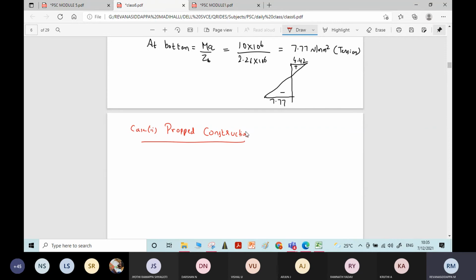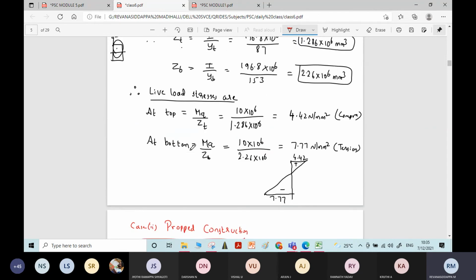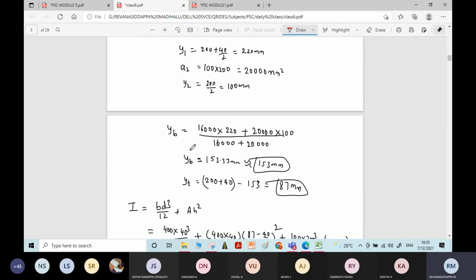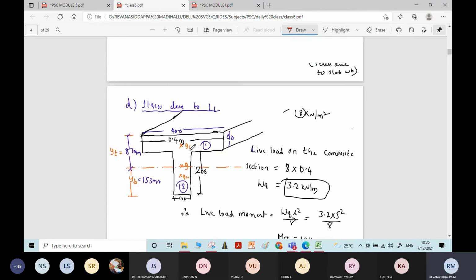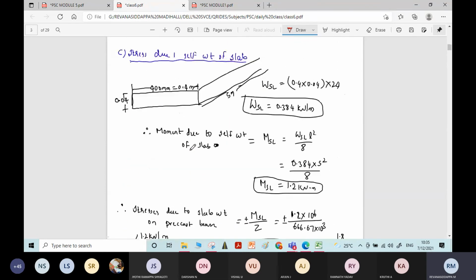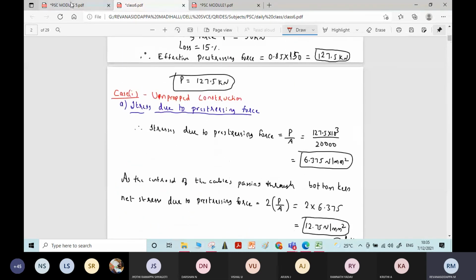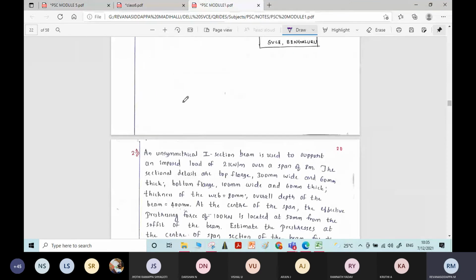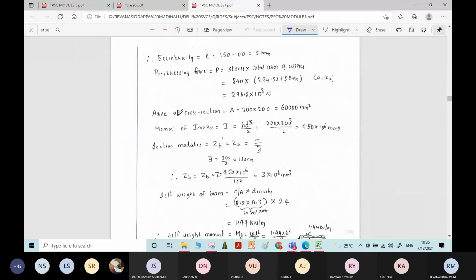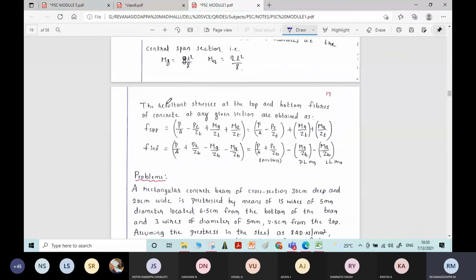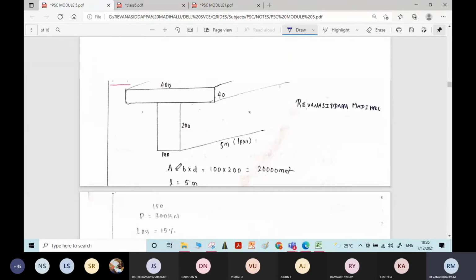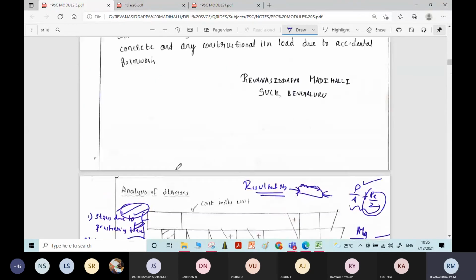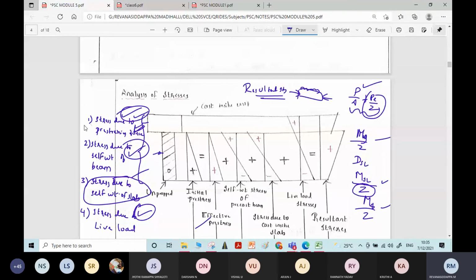See, for proper construction, there is difference in calculating stress due to the slab weight only. The remaining calculations are the same. As I said in the beginning, this first step, stress due to pre-stressing force, is the same.